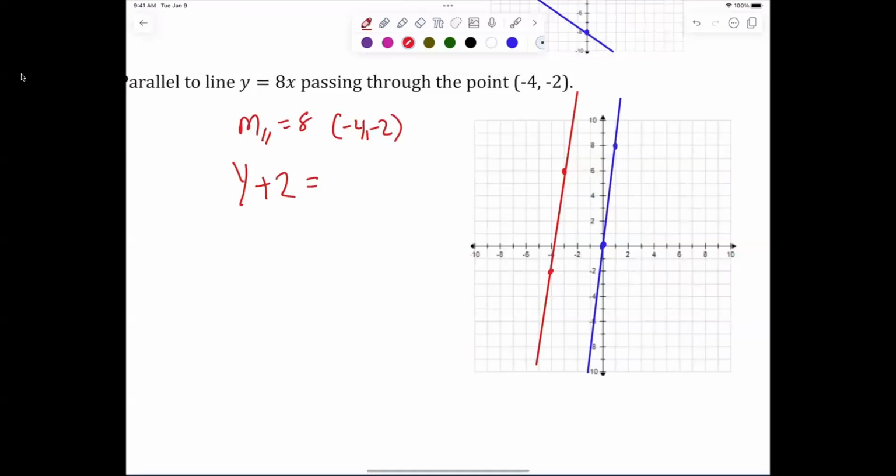Plus 2 equals, keep going, 8/1 times. You're amazing. All right. Do I really need to write 8/1? Not necessary, but it's okay to write 8/1. That's how simple that is. All right. Very simple.